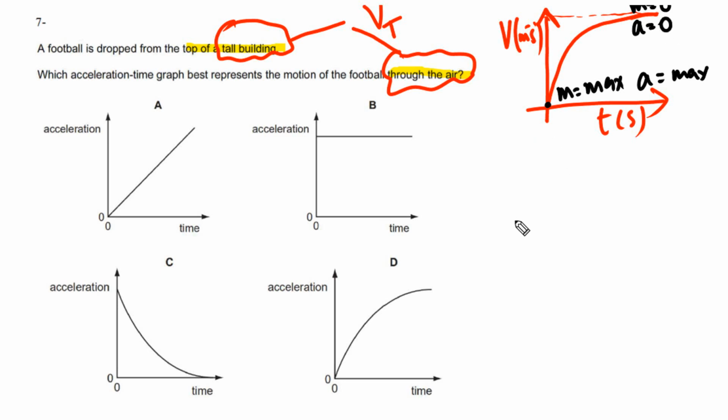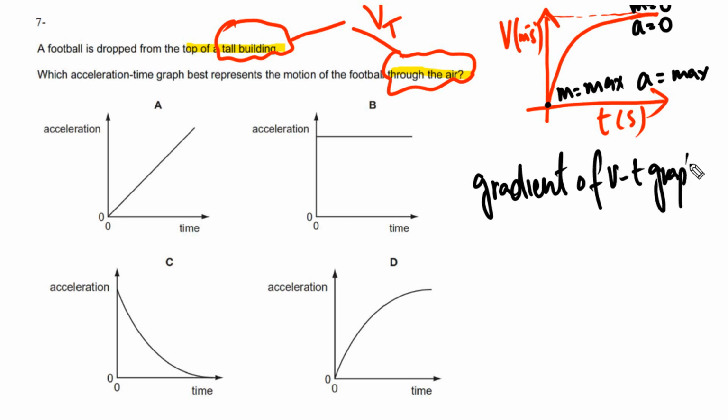One thing I need to explain to you is that the gradient of a velocity-time graph is equal to a, which is acceleration. That's the reason we said when the gradient is maximum, it means a is maximum, and when the gradient is 0, it means a is 0, because the gradient of the VT graph is equal to a.